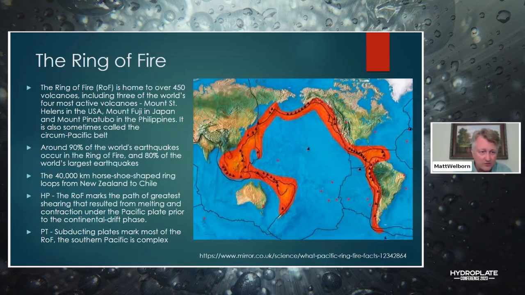As we take a look, there are a couple of bullets at the bottom that give a short description of how each of the two theories we're comparing explains the existence and formation of the Ring of Fire. For the hydroplate theory, the Ring of Fire marks the path of this great shearing. We talked earlier about how when the Atlantic Ocean chamber floor rose up 60 miles, the entire Pacific Basin had to drop 30 miles.